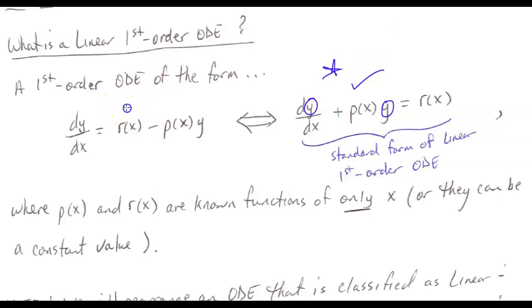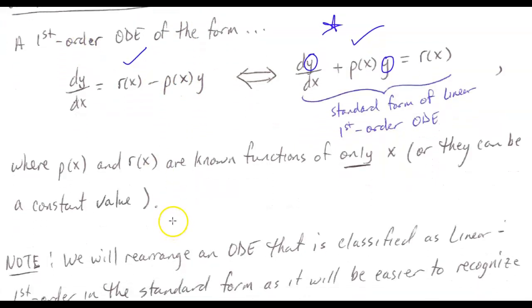But if you like this form, you could also do it this way. Everything that I'll do will still work with it being this way. The only thing that may change is the fact that you'll have to switch your signs. So for the formula or the process that I use in this form, you'll have to change the sign on p of x to be able to make that happen.